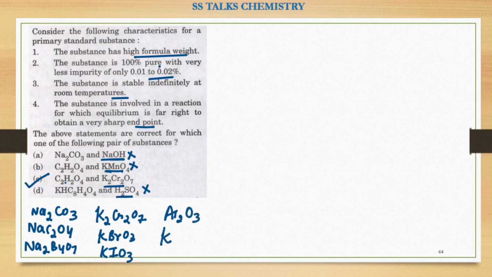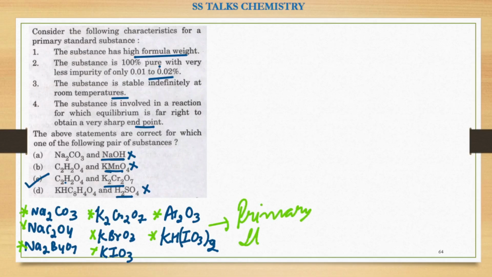Next is KHIO3 twice. These are some of the examples of primary standards that you can remember. Direct questions are asked from primary standards, like which of the following is a primary standard. So these are the primary standard examples.